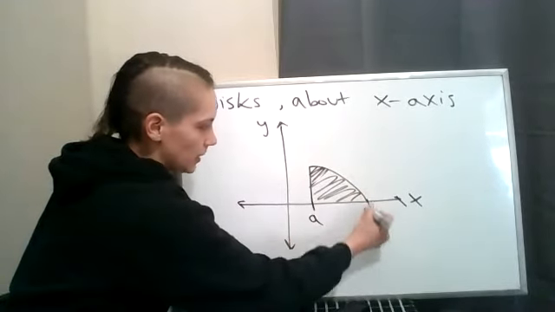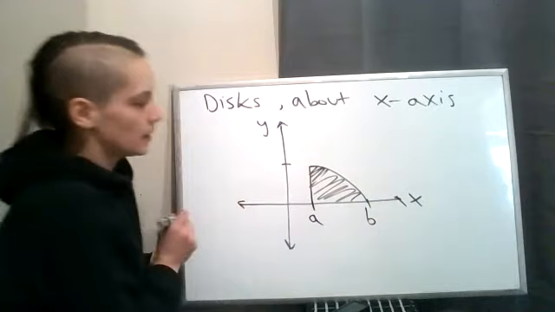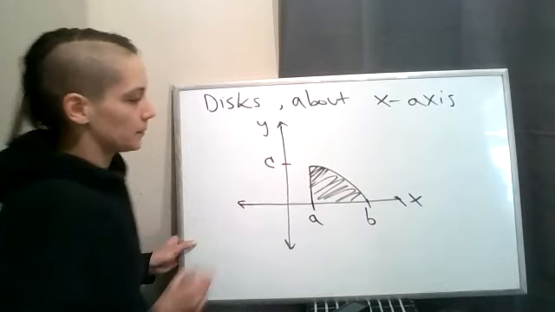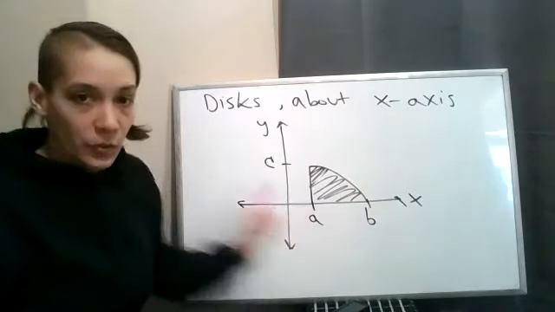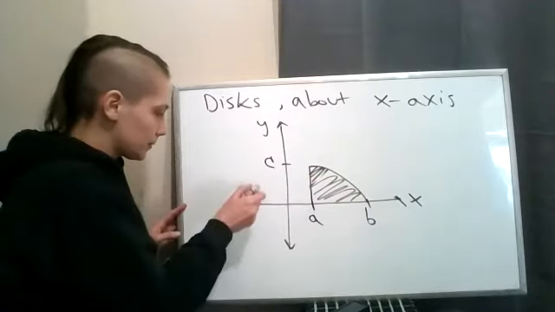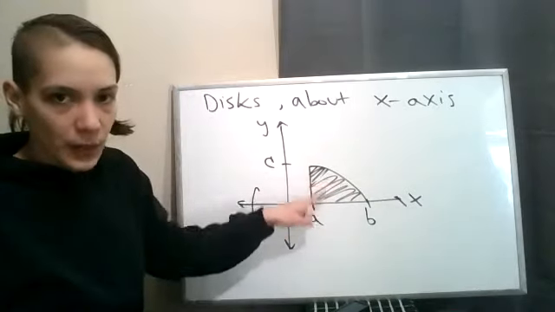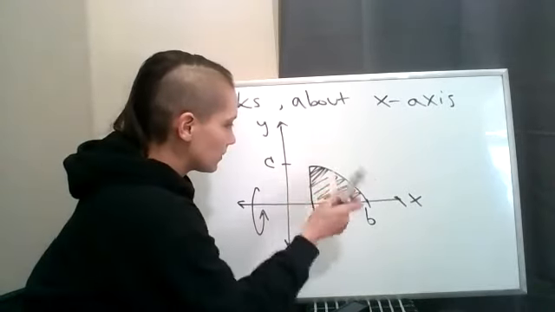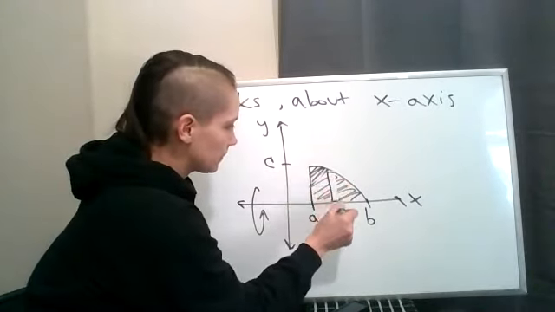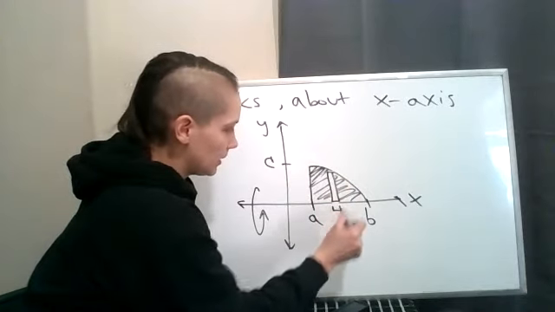A, this is going to be B, this will be C. But when you rotate this way, and you have a little square in here, delta x.